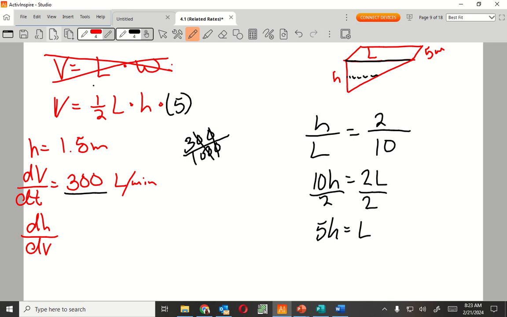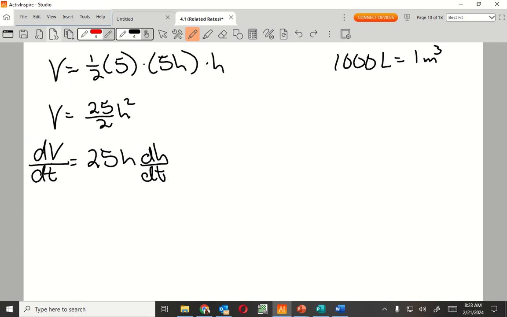Okay? There you go. So 0.3 is equal to 25. My H was 1.5. And then I have dH/dt.